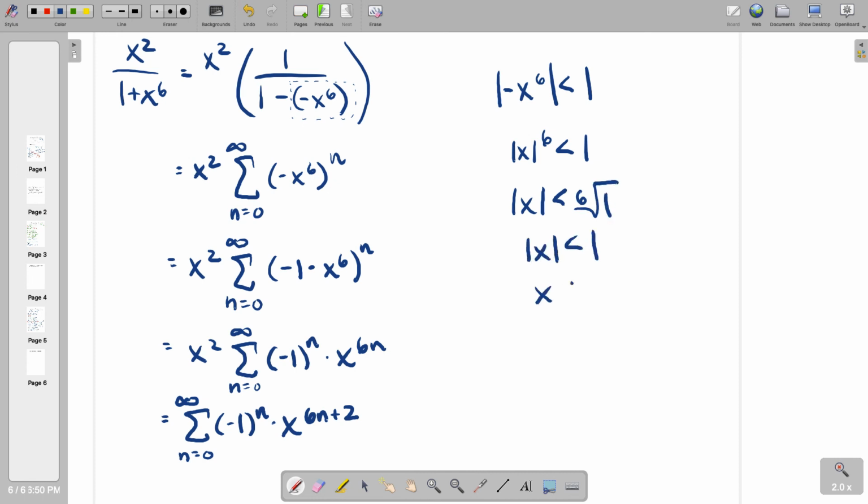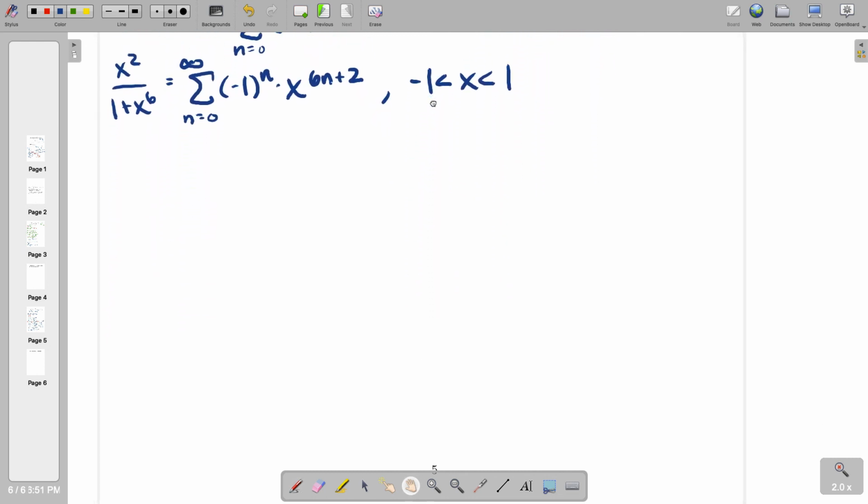And then x is between 1 and negative 1. So there's our interval of convergence, and so that's good because 0 to 1/2 is within it. All right, so now we can just add that. So what we have here is that x squared over 1 plus x to the 6th is equal to this as long as x happens to be between negative 1 and 1.